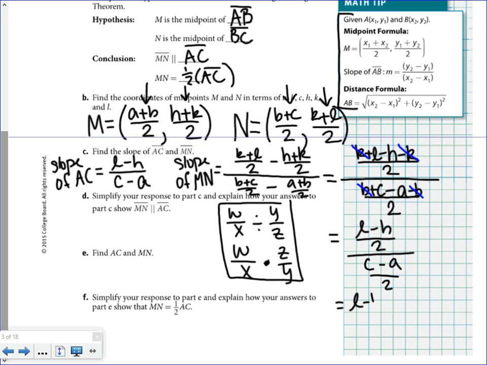So L minus H over 2, instead of dividing, multiply by the reciprocal. So 2 over C minus A. And then these 2's cancel, leaving me with L minus H over C minus A, which is identical to the slope of AC, L minus H over C minus A. So the slope for both is the same. That means that they are parallel because they have the same slope.